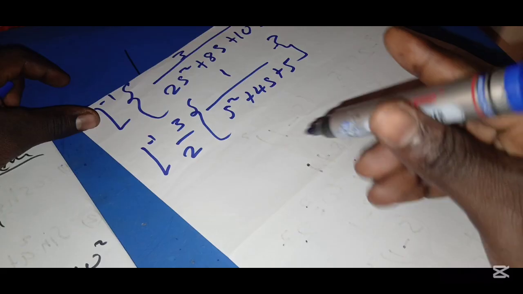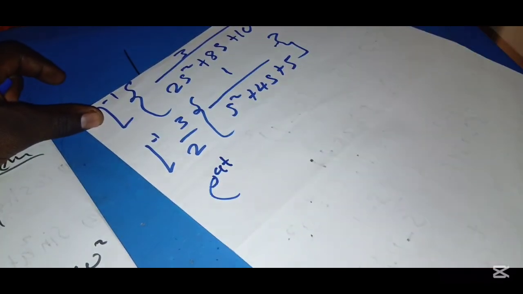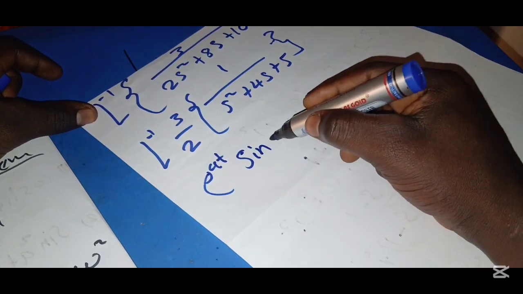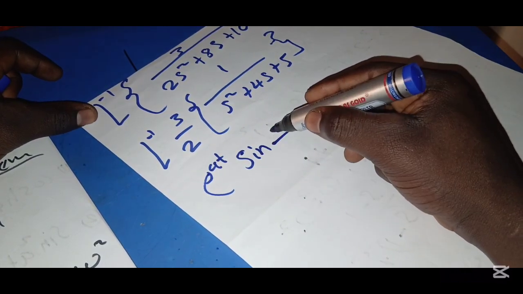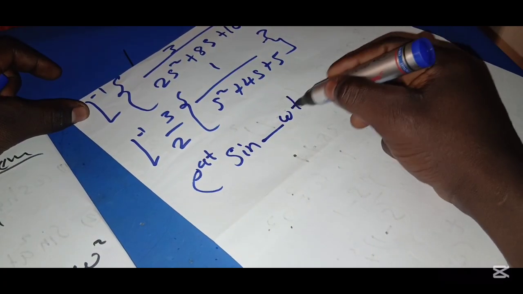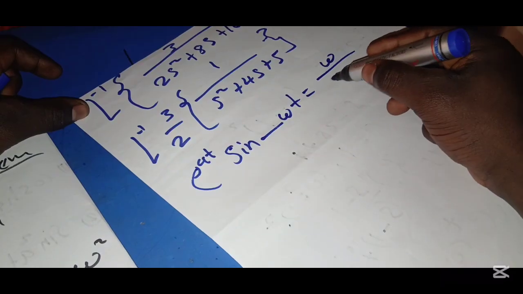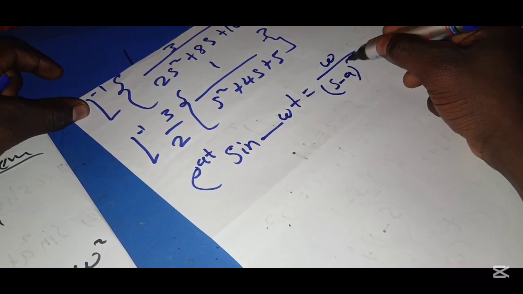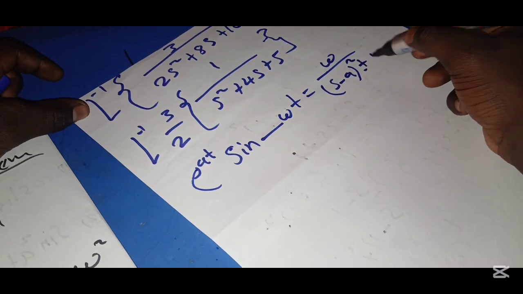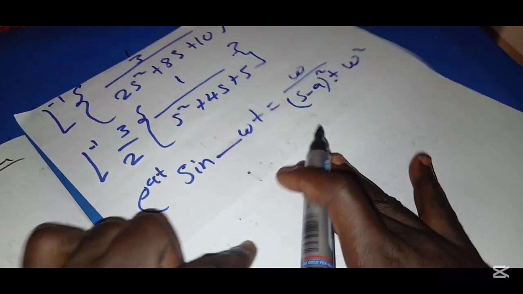As far as it's a shift problem, the term e to the power at is a must, right? So it's a sine problem. But is it sine, sinh, or only omega t? I know that it should be omega over s minus a squared plus or minus omega squared? I don't know. I'm here to find that out.